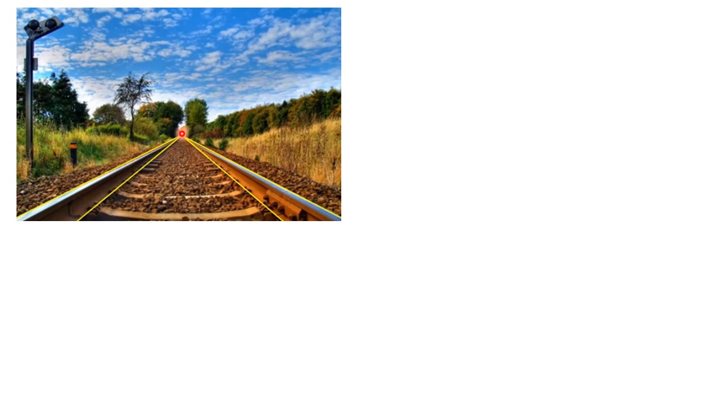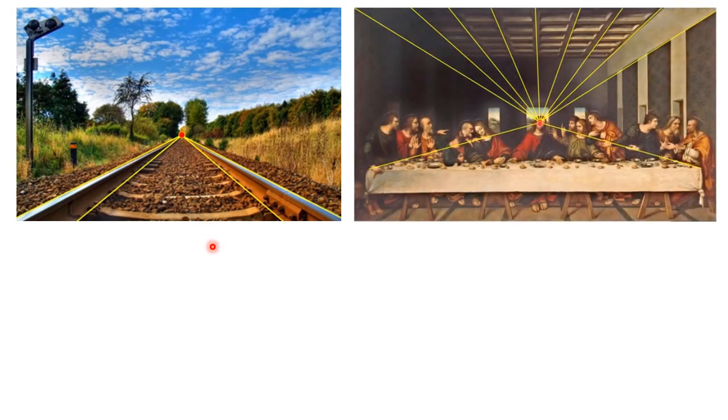Now just concentrate on the sleepers connecting the rails. The sleeper closer to you appears larger in size, and if we move farther, its size reduces continuously. Let's see the painting now.